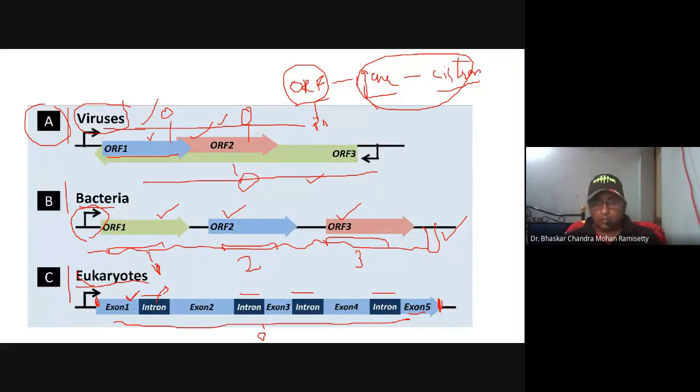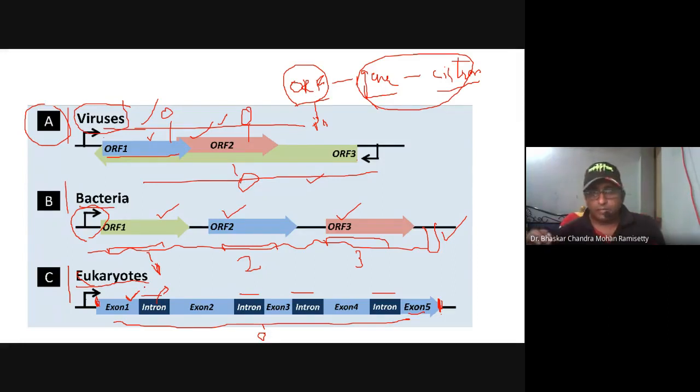This mRNA will produce three proteins, and the last one is going to produce, eukaryotes also is going to produce that. In viruses, two proteins are produced because it has two overlapping open reading frames. In bacteria, it is producing more than one type of protein because it has multiple cistrons on the same mRNA. And in eukaryotes, it can produce more than one type of protein through alternate splicing.